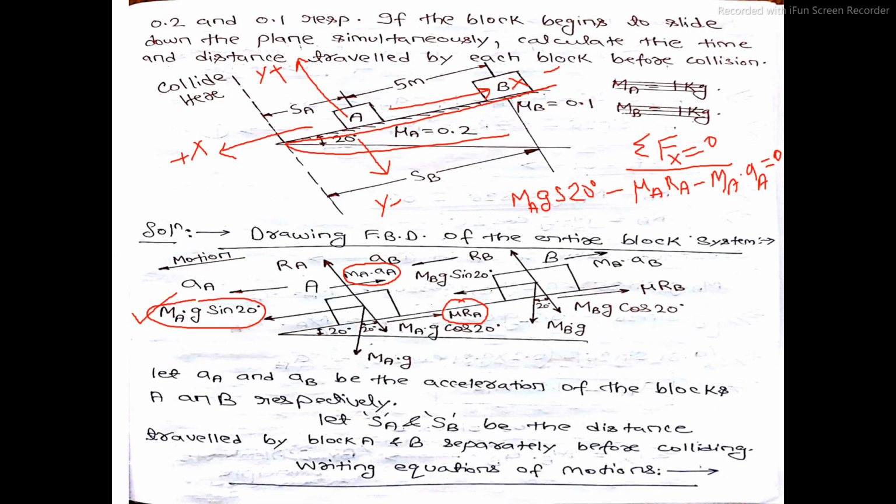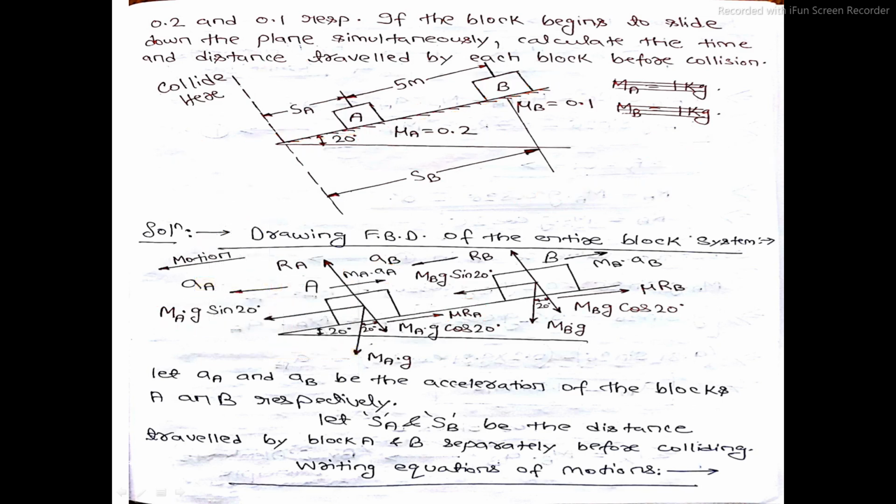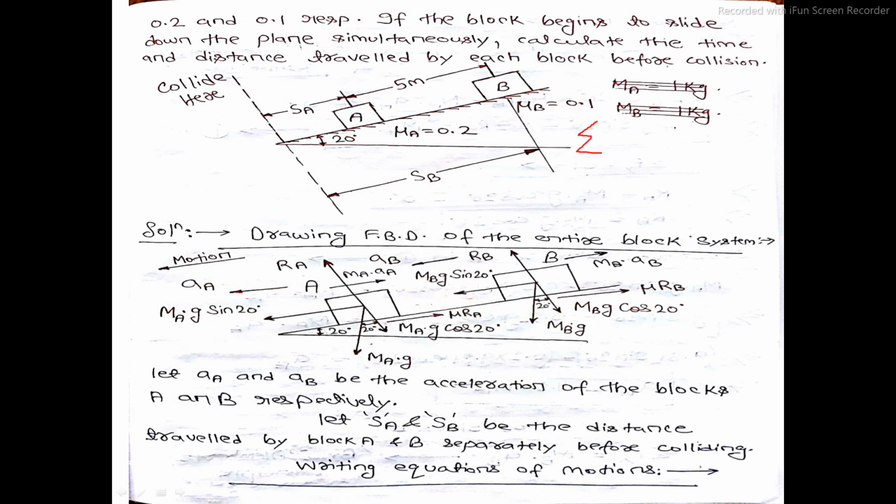Similarly, let us write down force equilibrium equation along y-axis for block A. That is summation fy is equal to 0. We have assumed this y as positive and this y as negative.